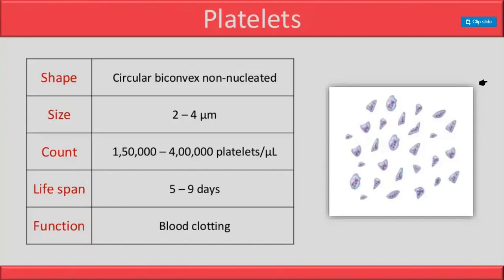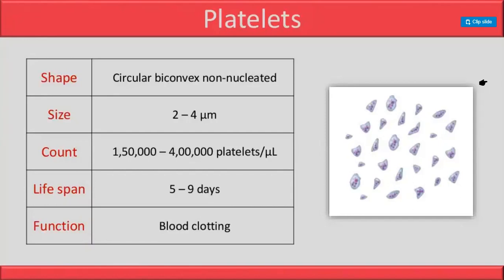And the size of the platelets is smaller than that of the red blood cells. We said the red blood cells have a diameter of 7.5 micrometers, but the platelets have a smaller diameter, which is 2 to 4 micrometers.